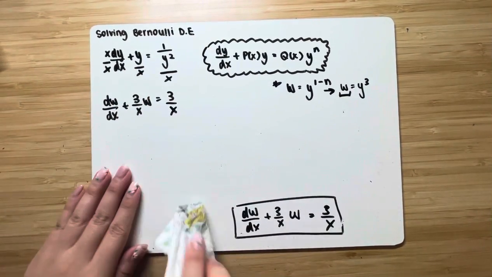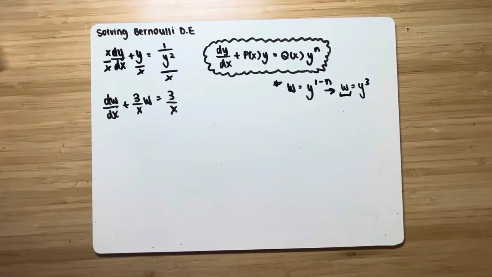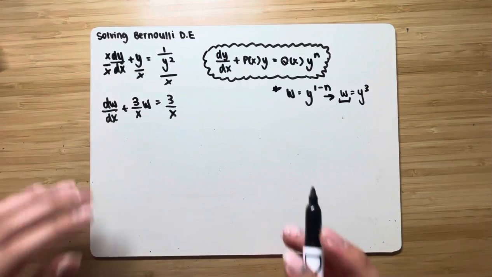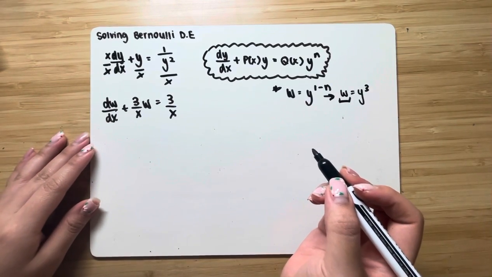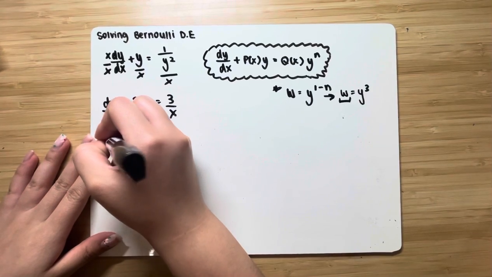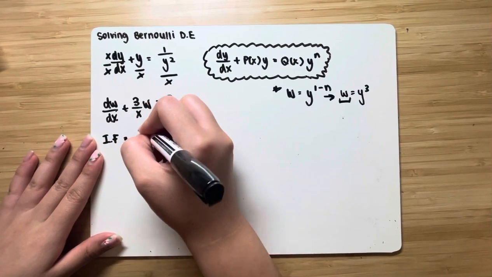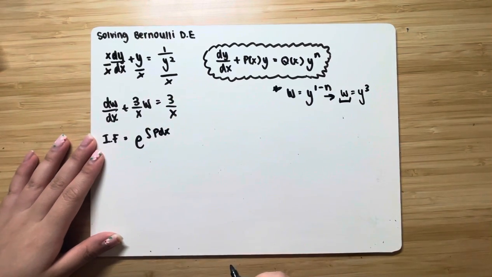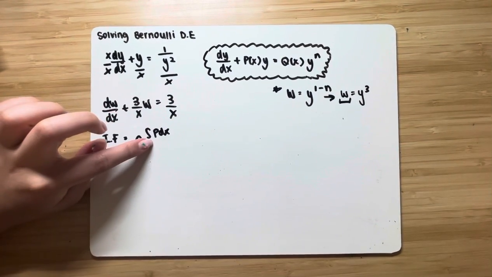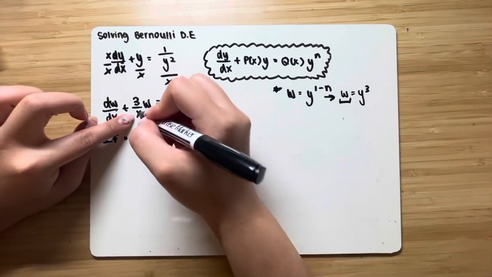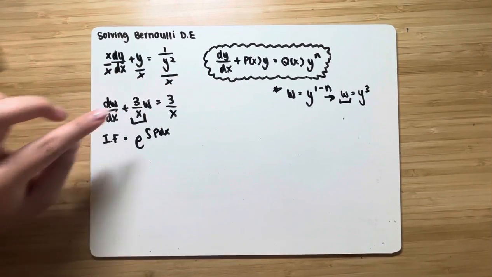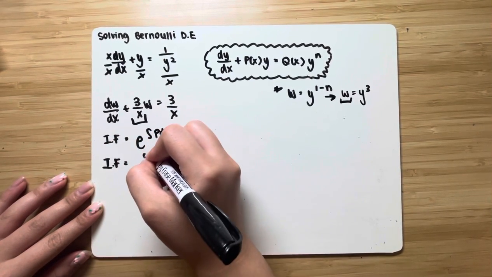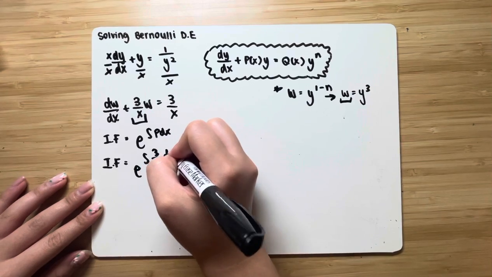So now that you have this linear differential equation, you want to solve it like how you would solve any linear equation. To do that, find the integrating factor. So the integrating factor, or IF, is equal to e to the integral of p dx. And p is going to be this value, 3 over x. So the integrating factor is equal to e to the integral of 3 over x dx.